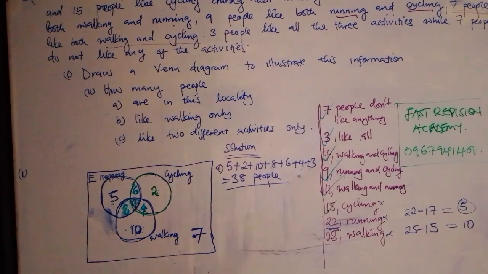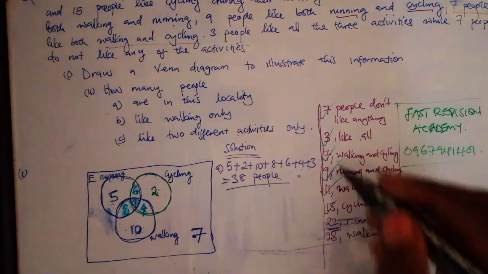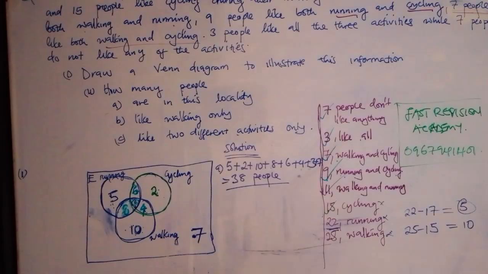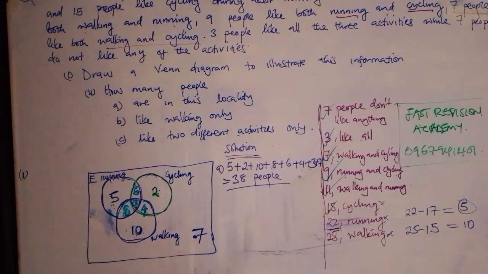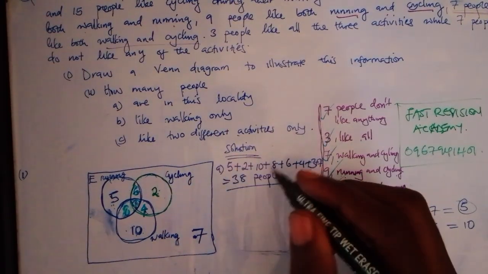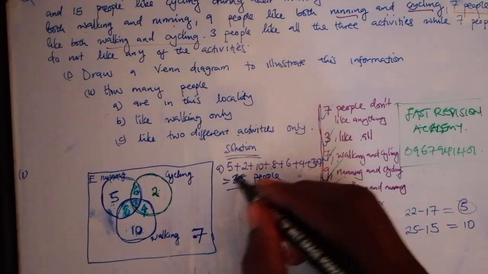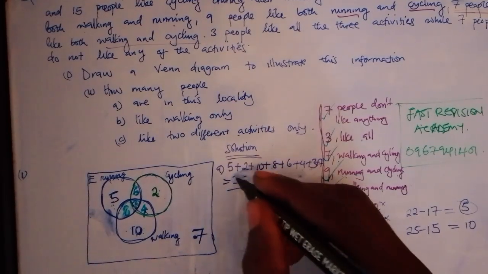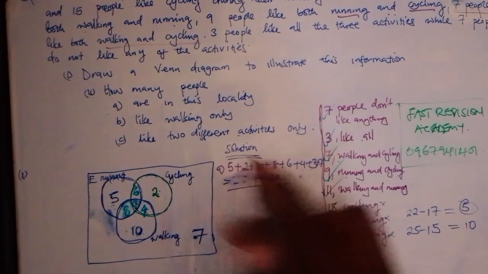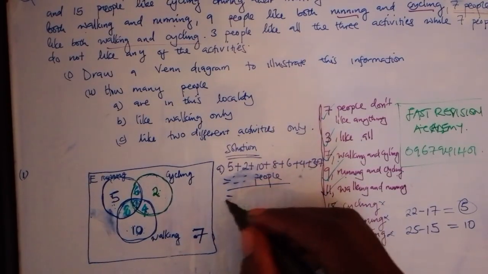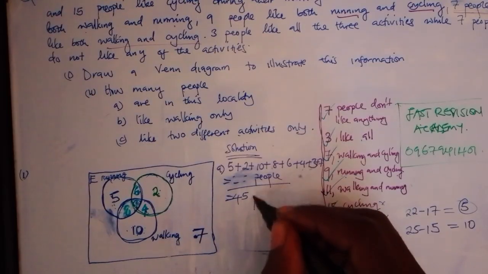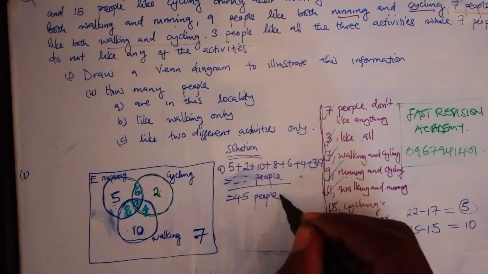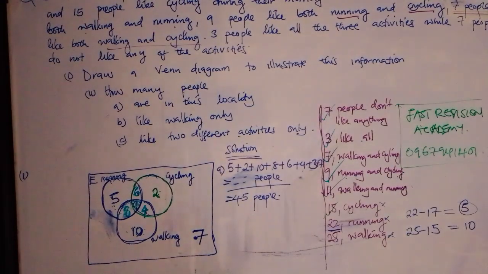Wait, not 38. So we are supposed to also include the 7 here. So 38 plus 7, which gives us 45, not 38. So we had 45 people all together, not 38.